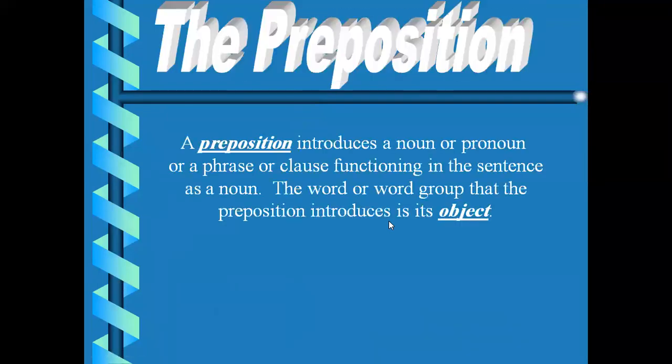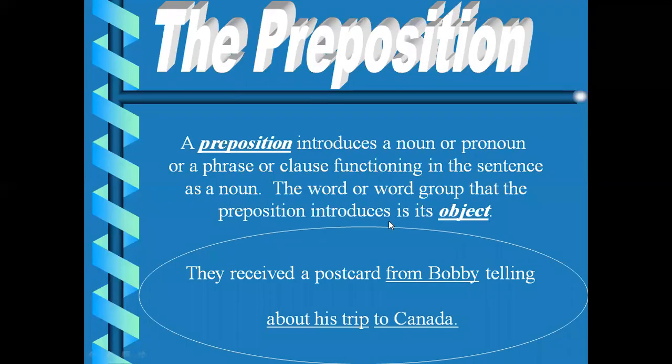The prepositions, I said that prepositions are words like from, to, beside, in front of, about, around. I said that from is a preposition, and the word which comes after the preposition is an object. So we call the preposition and the object which comes after it a prepositional phrase.